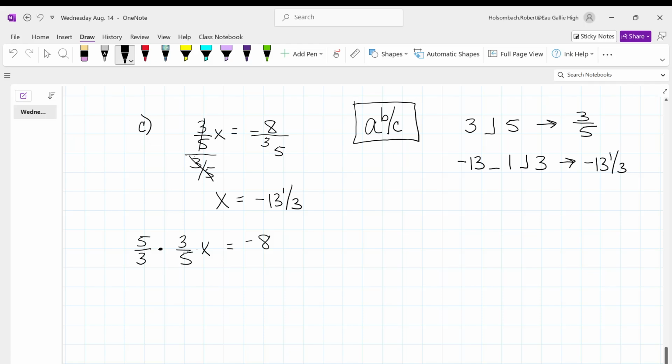Anytime you multiply a fraction by its reciprocal, the product is 1. So if you multiply the left-hand side of this equation by 5/3, you multiply the right side of the equation by 5/3. And by rule, 5/3 times 3/5 is equal to 1. These 5's cancel out diagonally, the 3's cancel out diagonally, and the x falls down. Now go back to your calculator and type your 8 negative times 5 fraction button 3 and hit equals, and we get -13 and 1/3 again.